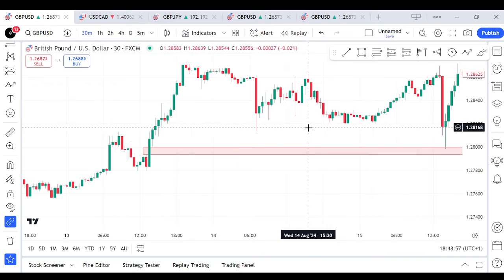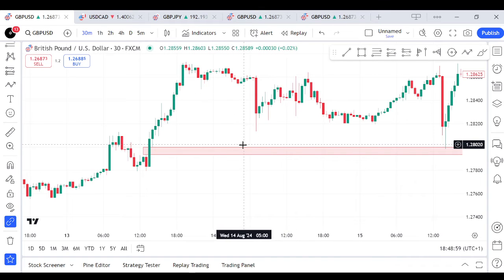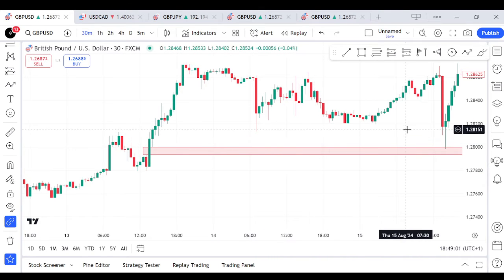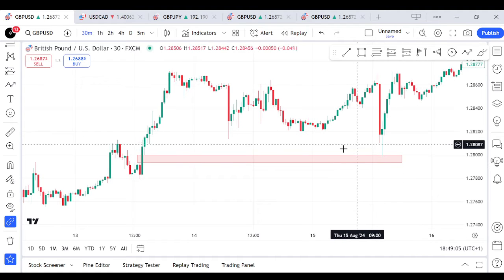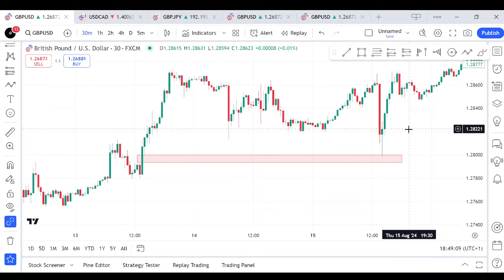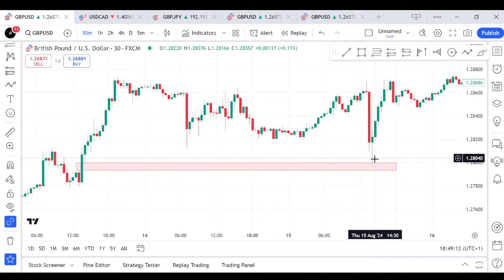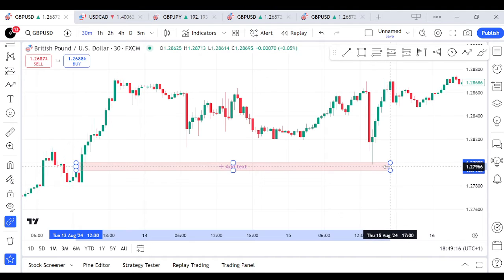It's expected that price should come back to this zone and use it as support, because price always seeks balance and equilibrium, and since there are no sellers here, price should come back to fill in that. And you can see how price immediately reacted to this fair value gap right here.